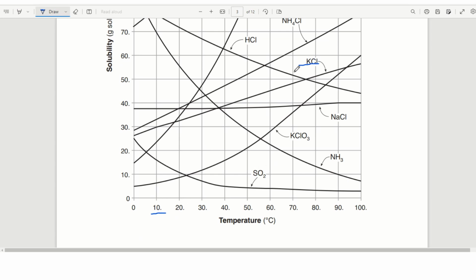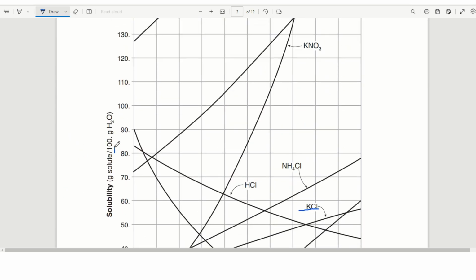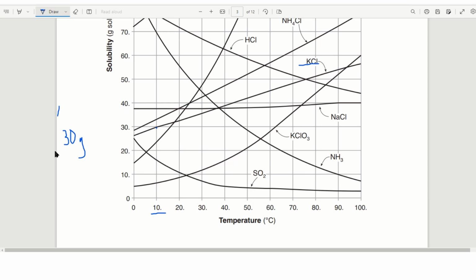And I'm going to go up. You just have to be careful because there's a lot of lines. All right. Now right here. So what I need to be careful of, so we'll say at 10 degrees Celsius, I need 30 grams. But look at this. That's if I have 100 grams of water, right?